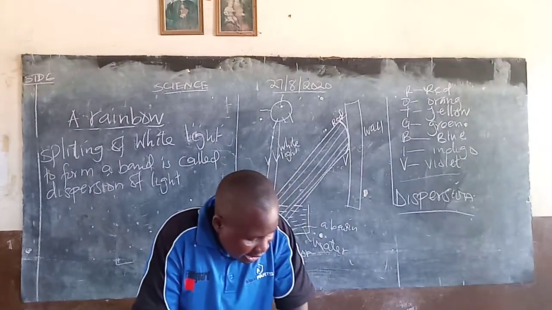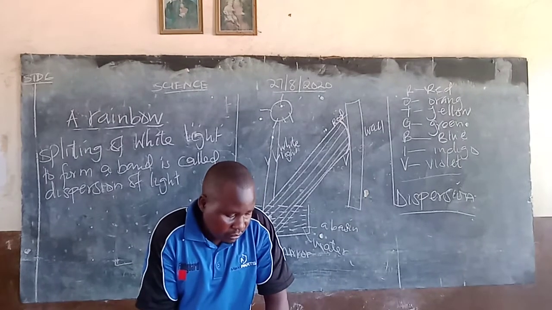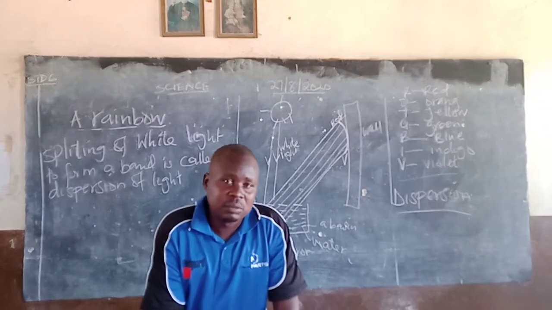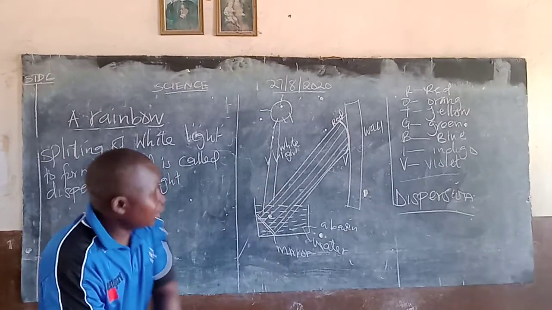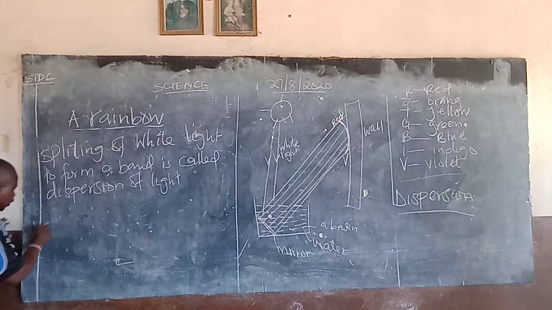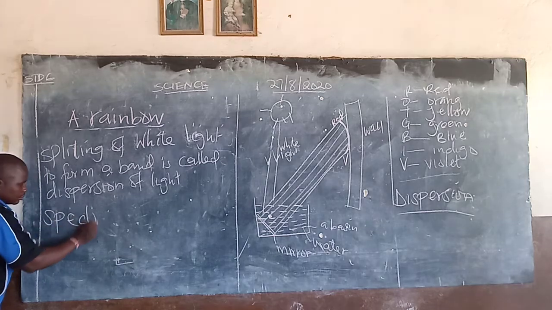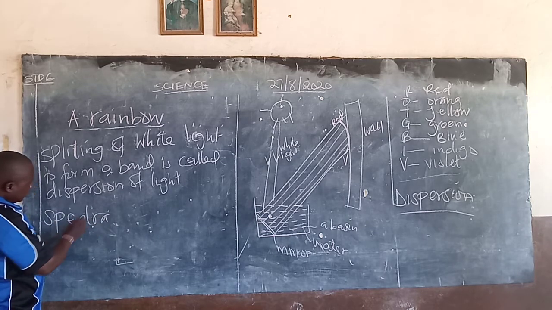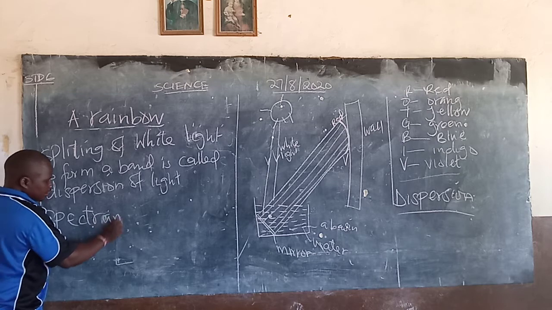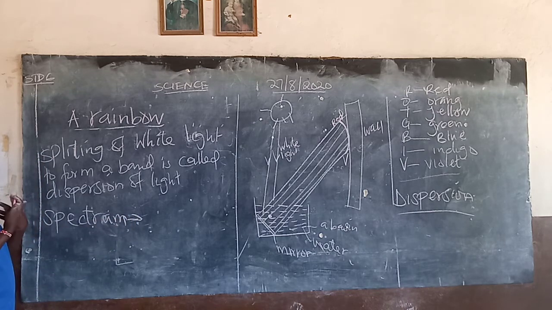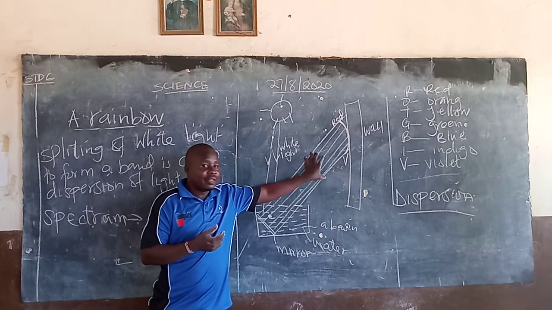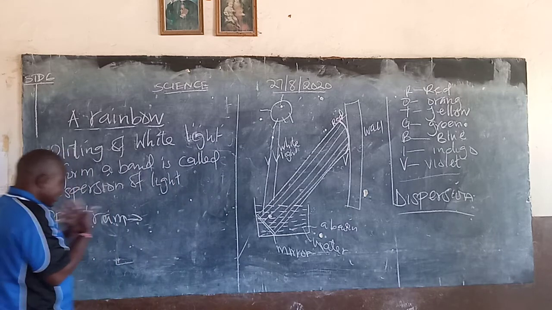A spectrum is a band of colors like those of a rainbow. This is a group of the colored light that is forming a rainbow. That is what we call the spectrum.